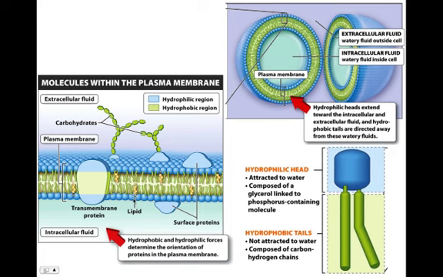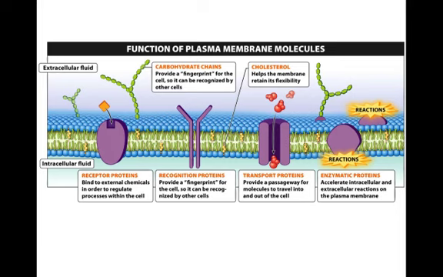You can see our lipids, our cholesterol molecules, embedded in here. You can see our transmembrane protein, or integral protein, embedded in both sides. And then you can see our glycoproteins, our carbohydrate portions sticking out, and our proteins, which are embedded in the membrane.